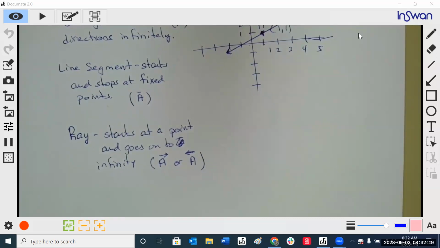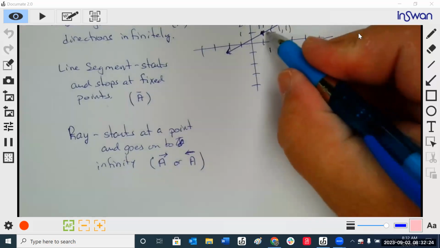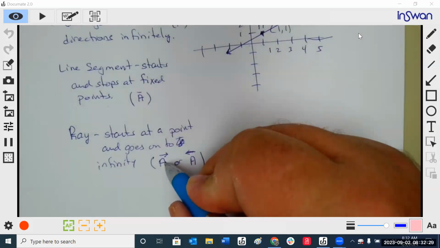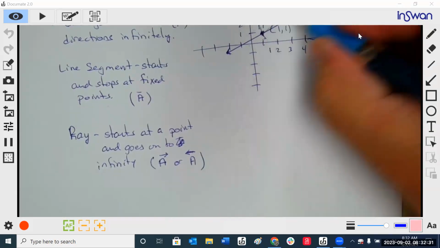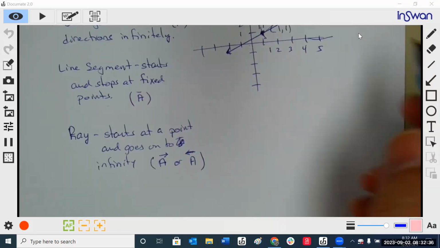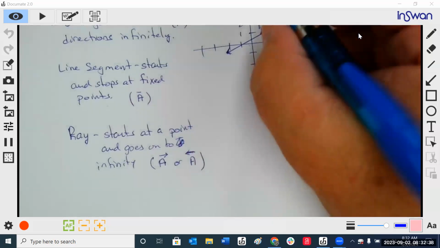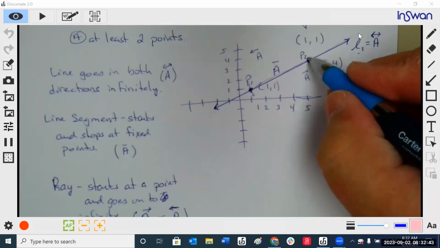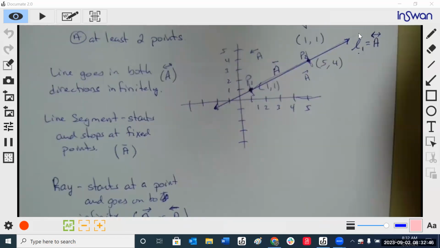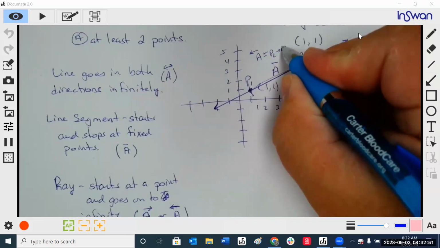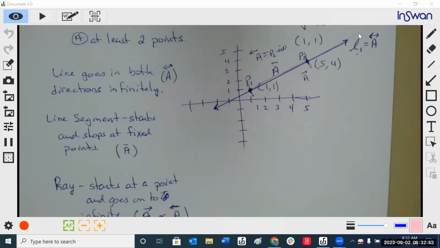What's the difference? The direction. If I'm going from P1 on out, that would be this one. If I'm going from P2 this way, it would be that one, if it starts at P2 and goes that way. So that's from P2 to negative infinity, because it goes to the left.